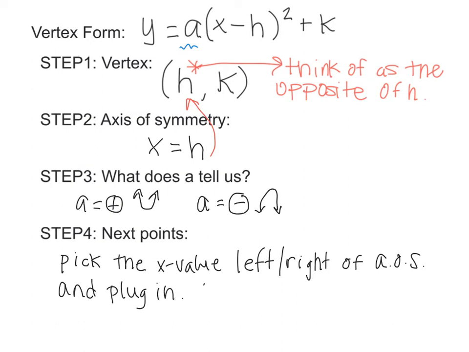And then we're going to mirror image it again. That's the advantage of having a symmetrical graph. All right, so we are going to go through these 4 steps on one problem on the next slide and see how we can do with graphing in vertex form.